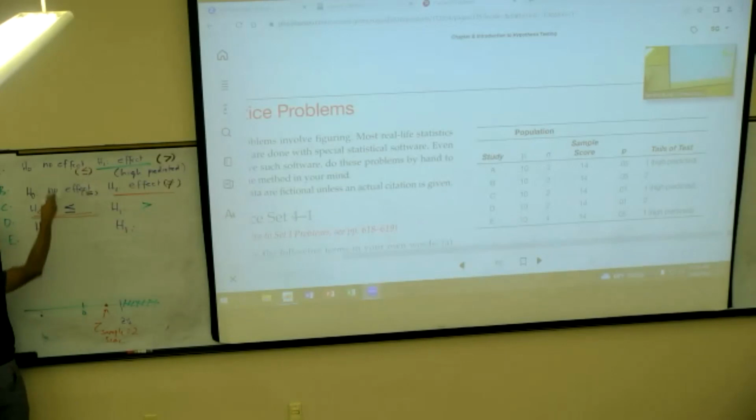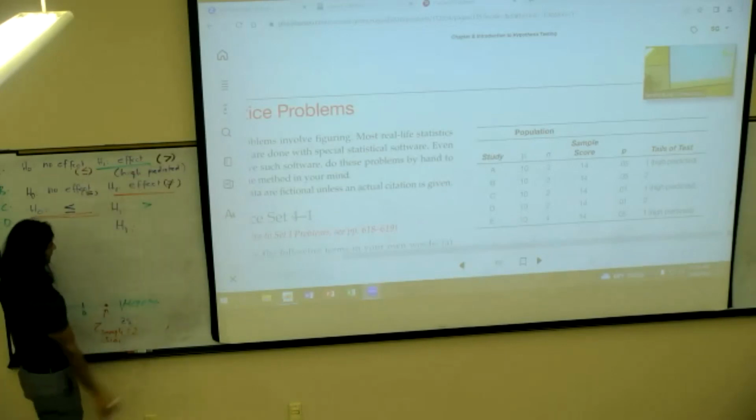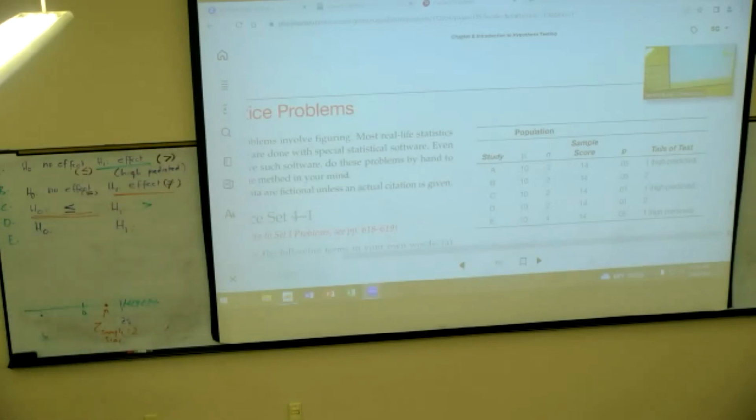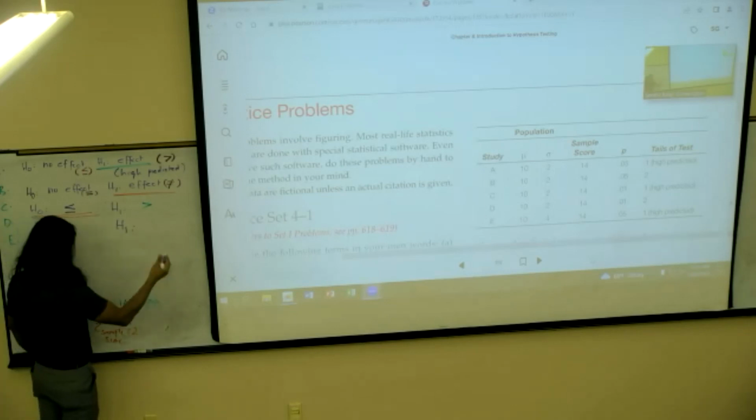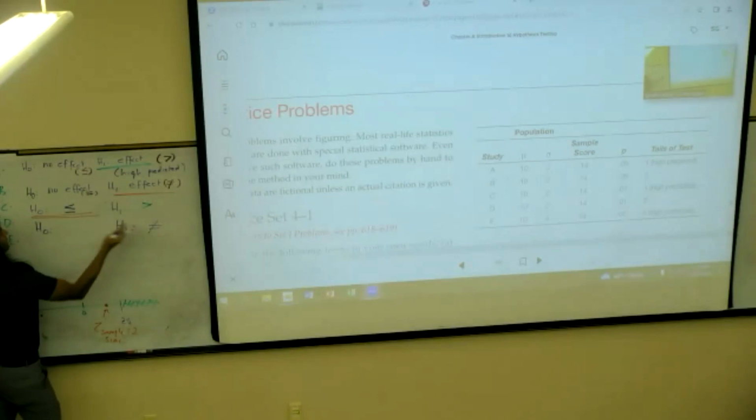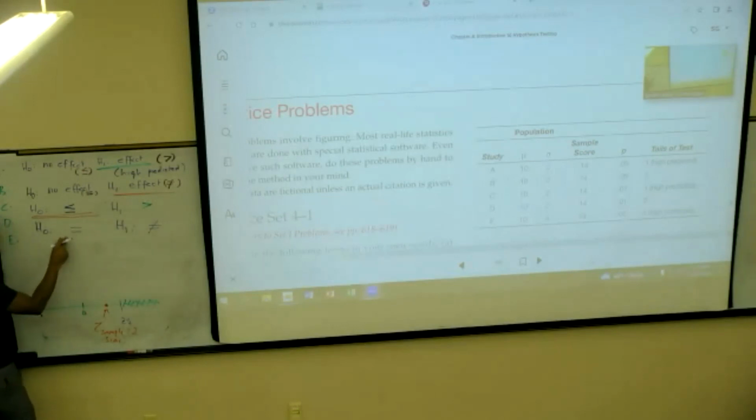Same principle, no effect, effect, all I have to do is determine the sign. Study D. What sign goes here? Not equal to, which would mean the opposite, and the null equal to. Two-sided.